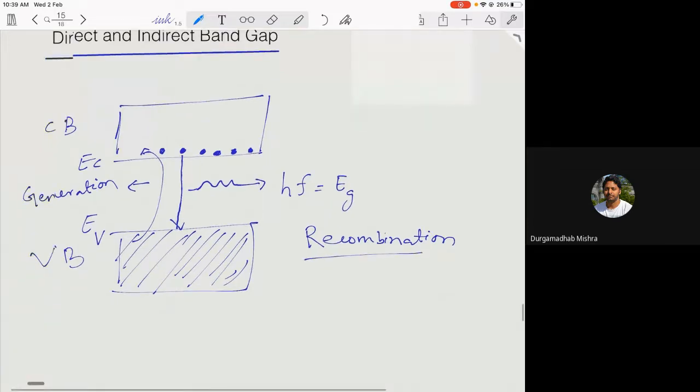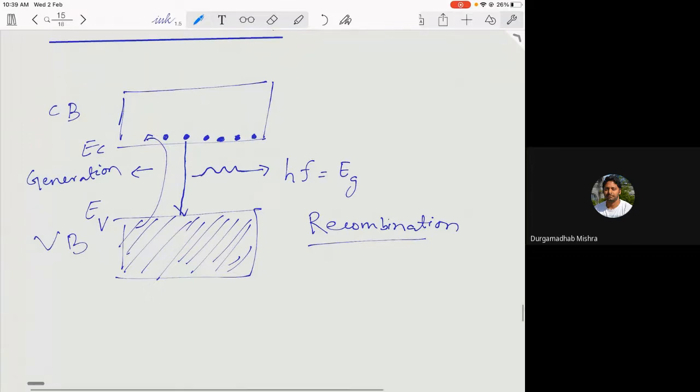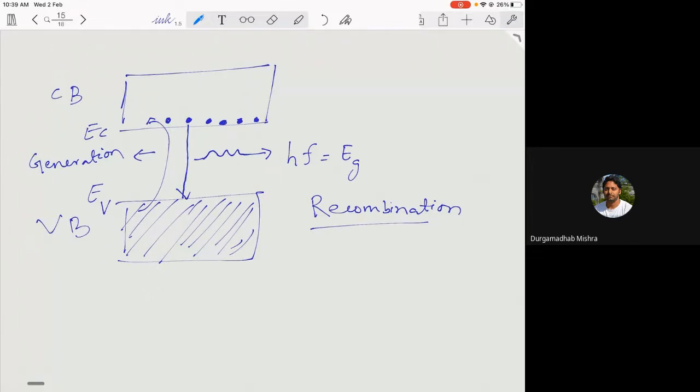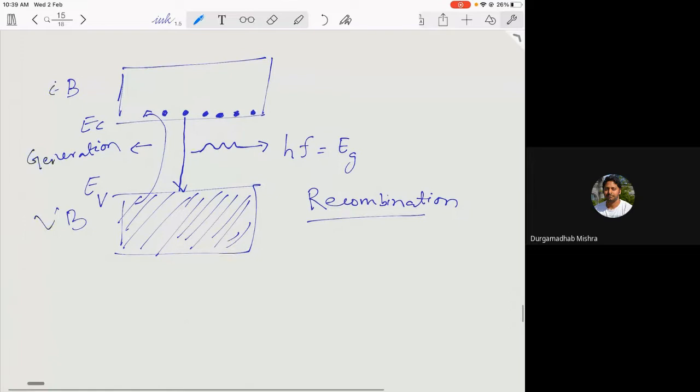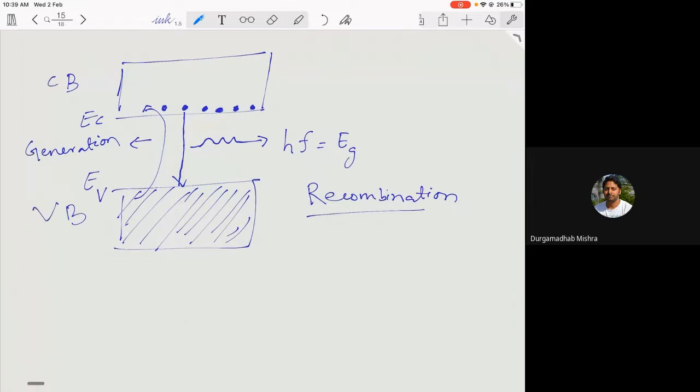However, we missed one point when we discussed this. When the electron jumps from the conduction band to the valence band, it will release certain energy. And why is it doing that? Because in the process it is conserving the energy.